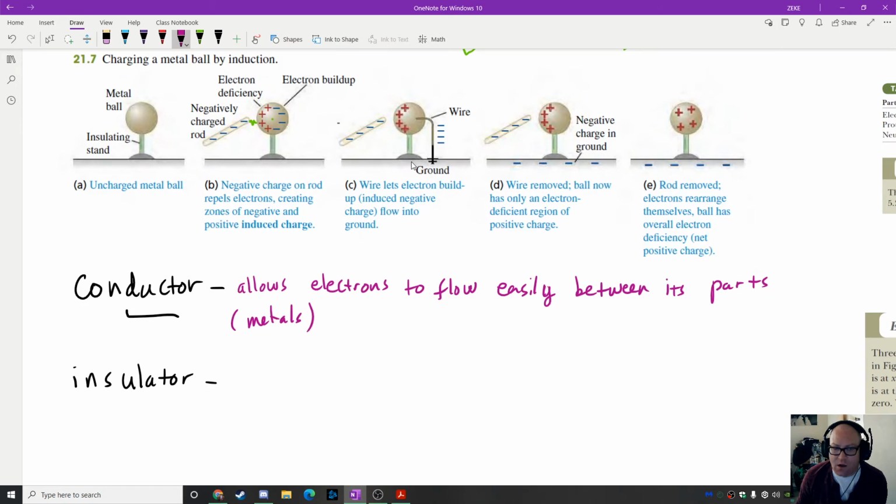In a lot of metals, the outer electrons are not nearly as tightly bound, and the electrons are basically free to move all over the place. And this property of conductors is core to all electricity production, right? When I want to transfer electricity from one location to another, all you need is a metal wire, and that metal wire will allow you to do that, okay?